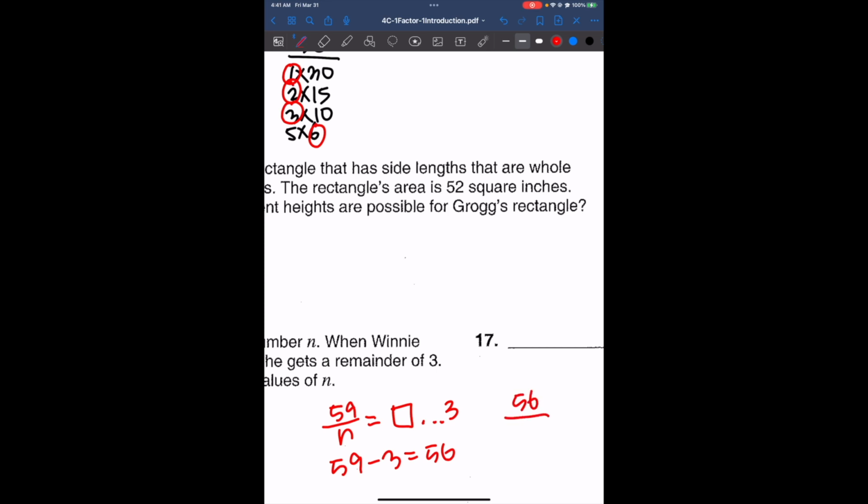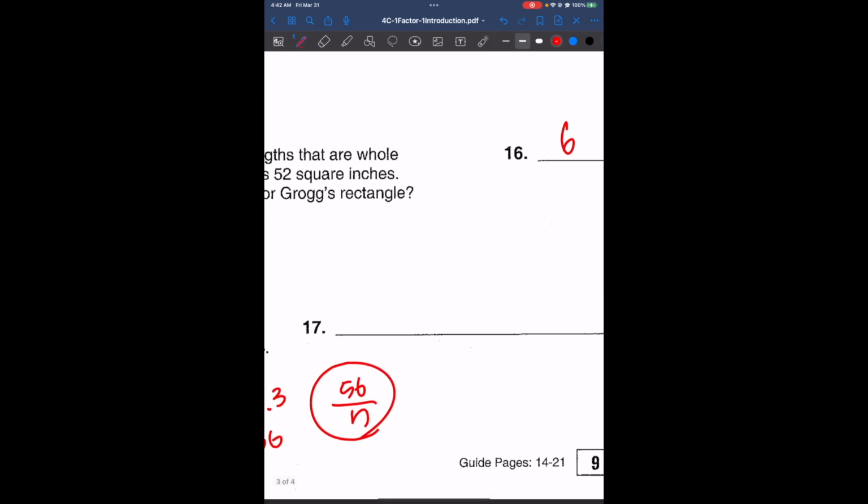So 56 divided by n must be divided without any remainders. And so now we're going to look for n by looking for factors of 56. So we're going to write out factor pairs. So we have 8 possible factors because we have 4 factor pairs.